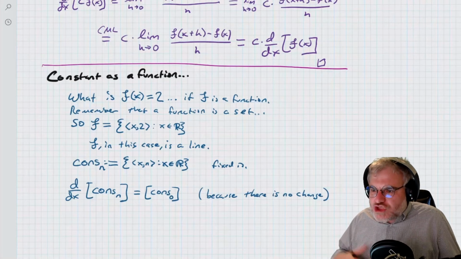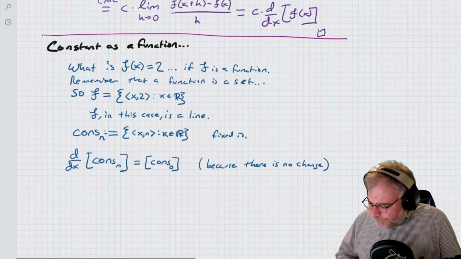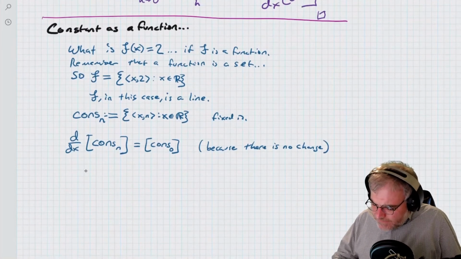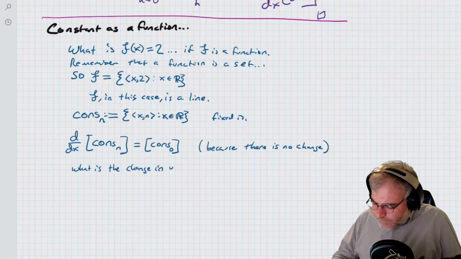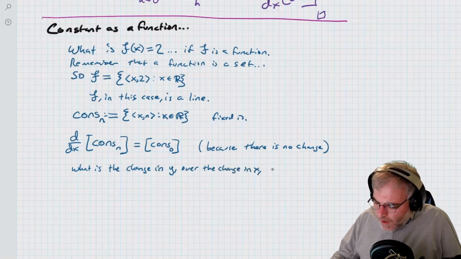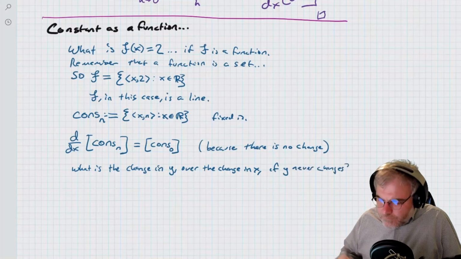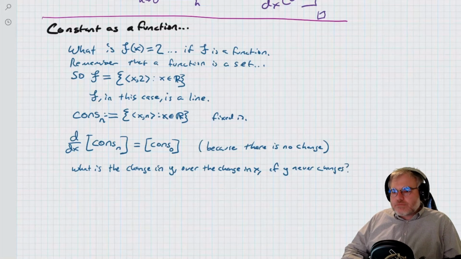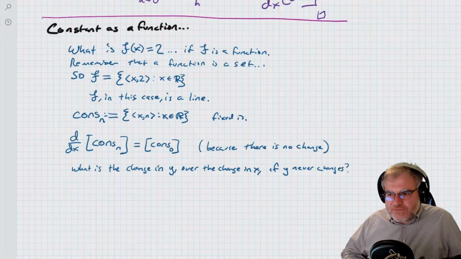Because what's the change in y over the change in x if y never changes? Right? So that's the important thing here. How do we feel about that, 1 to 5?